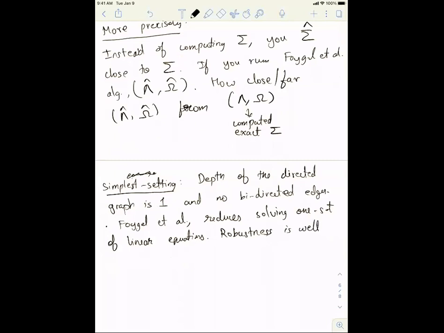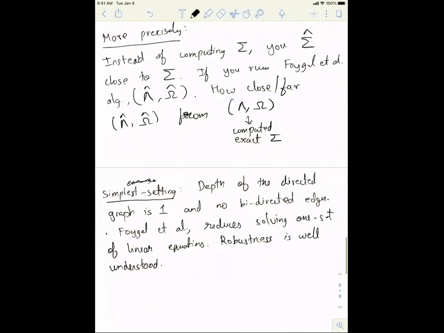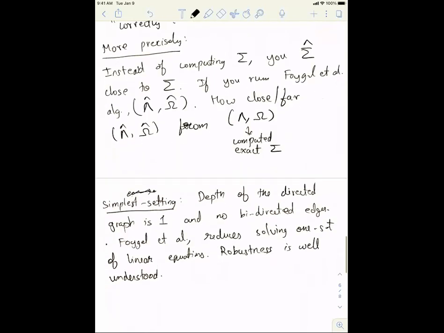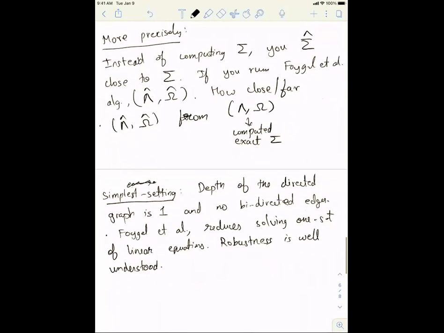So in some sense, we are just asking a slightly extended version of this: if you keep repeatedly solving linear equations and you use the output of one linear equation as an input to the next one, what does robustness look like? Let me formalize this even more precisely. So let's formalize robustness.